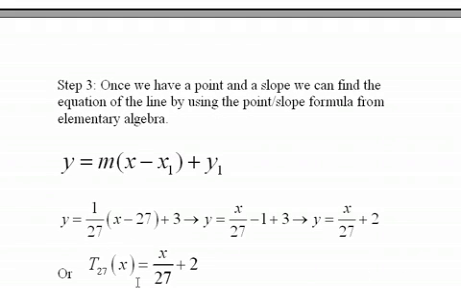We just plug in the numbers, right? We know the slope at that point on the graph is 1 over 27. We put 27 in for x1 plus 3 in for y1, and we do a bunch of simplification, and we get y equals x over 27 plus 2, or we say that t of x is x over 27 plus 2, where this 27 indicates where we found the x value for which we found the tangent line.